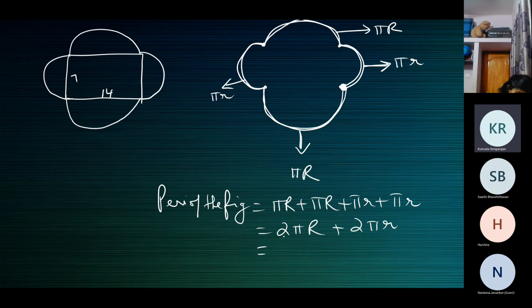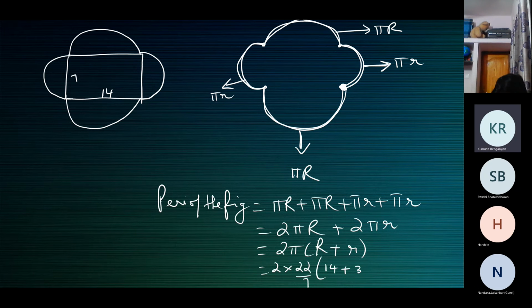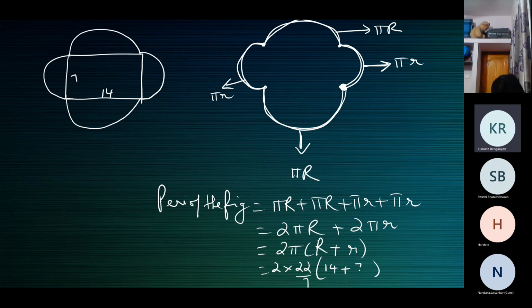When you take out 2 pi common, you will get R plus r in the bracket. So it is 2 into 22 by 7 into R plus r. Capital R is 14, small r is 7 by 2, or you can take 3.5, anything. I'll write 7 by 2.